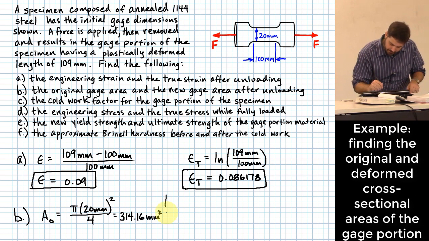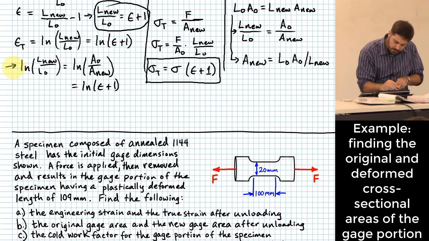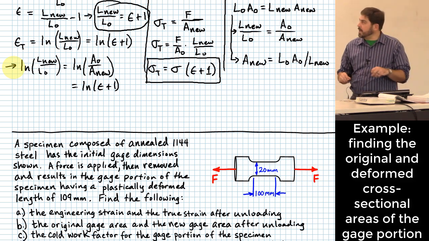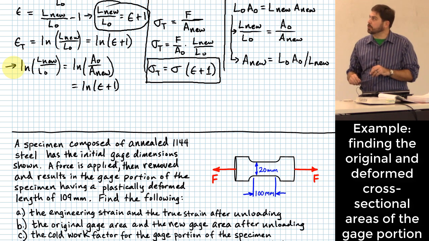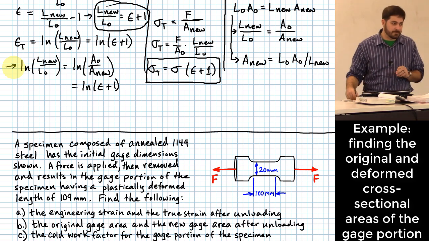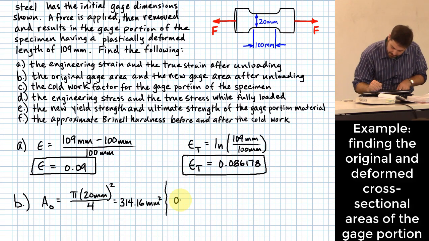Now, how do I figure out my new area? Well, we could try to manipulate it down, or we could just write it this way, where we know that the true strain that we just found is going to be equal to the natural log of the original area over the new area. So I can plug in 0.086178.